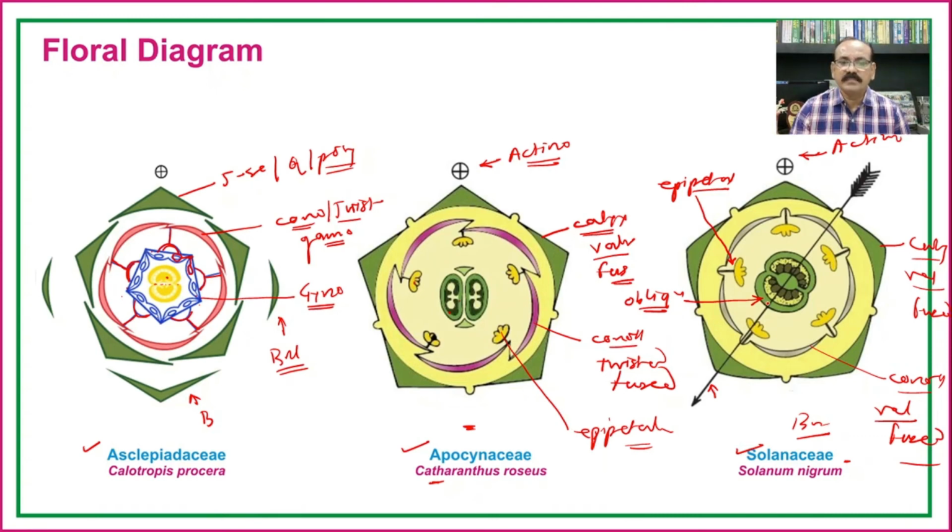Such a position we have to consider as an oblique condition, that is the ovary is bilocular with many ovules in each locule and axile placentation, that is the ovary is multilocular and the ovules develop from the central placentae, and such placentation is known as axile placentation.